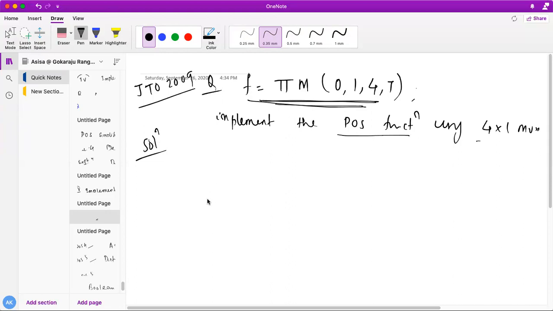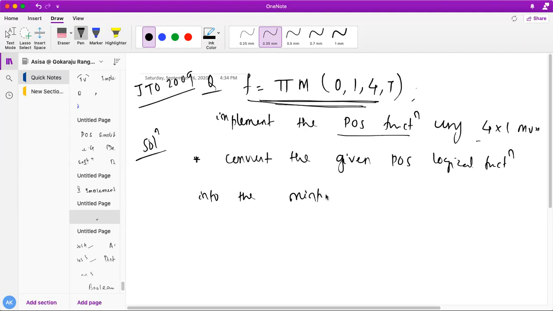So the first step is to convert the given POS logical function into the minterm expression or SOP expression. The highest term is 7, meaning 1 1 1, so obviously the function is a 3 variable function.